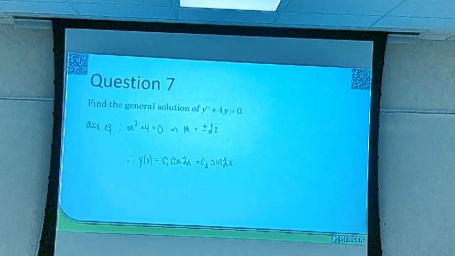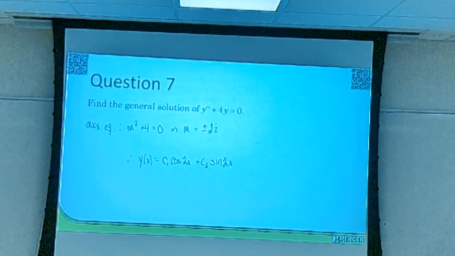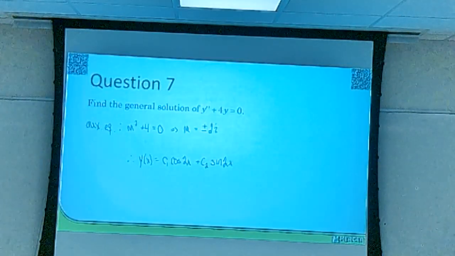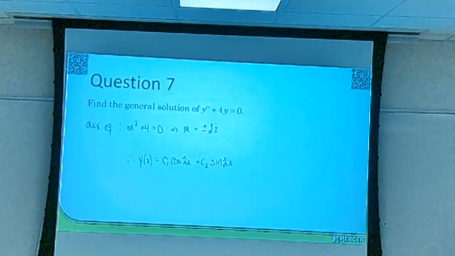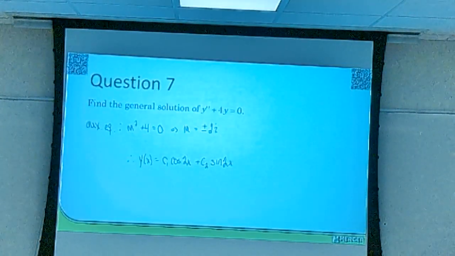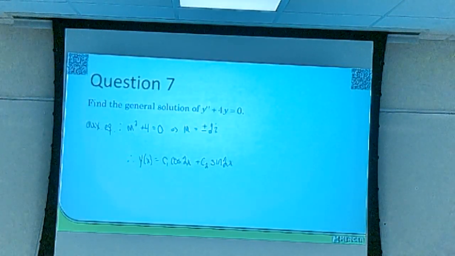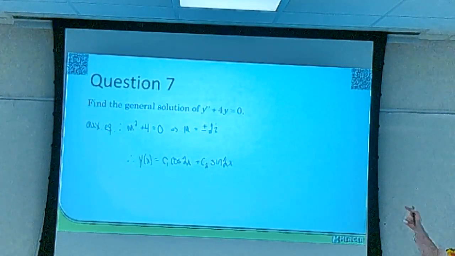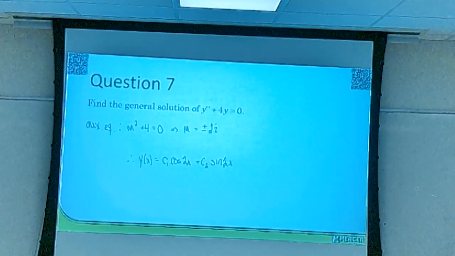You have to use Euler's formula. Technically, in this case, you have e to the 2i x and e to the negative 2i x as your independent solutions. But they're complex valued functions. We want real valued functions. So making use of Euler's formula, we can write it this way.